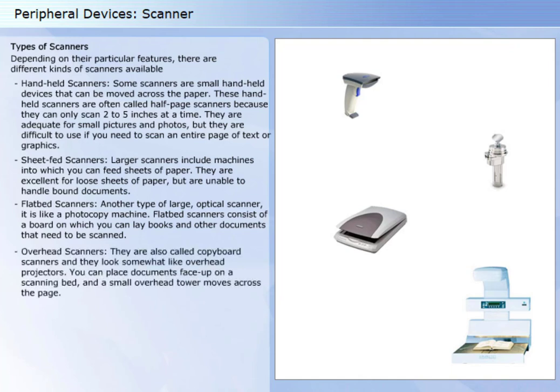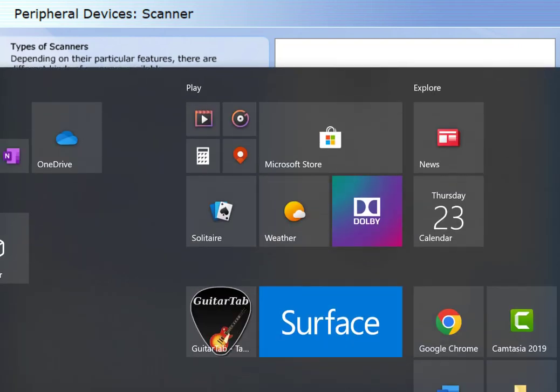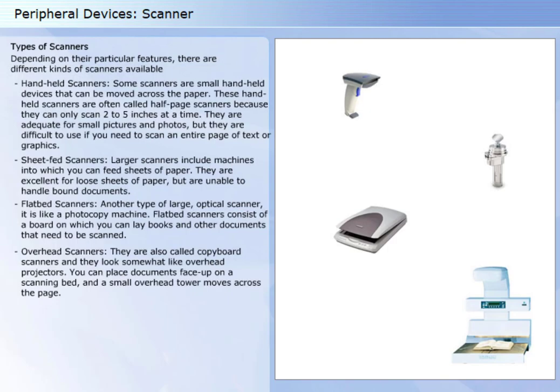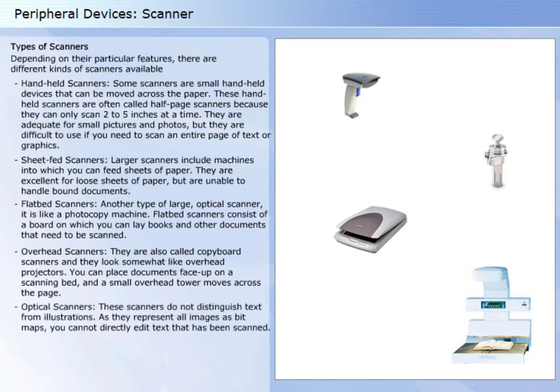Overhead scanners. They are also called copyboard scanners, and they look somewhat like overhead projectors. You can place documents face up on a scanning bed, and a small overhead tower moves across the page. Optical scanners. These scanners do not distinguish text from illustrations.